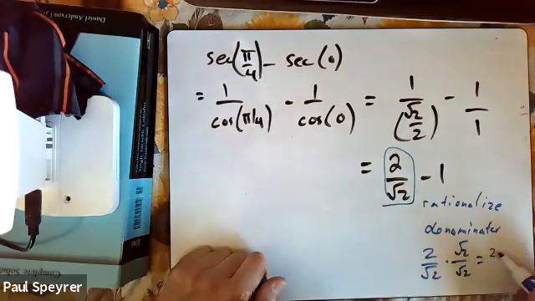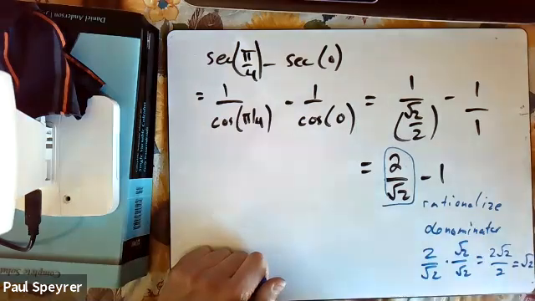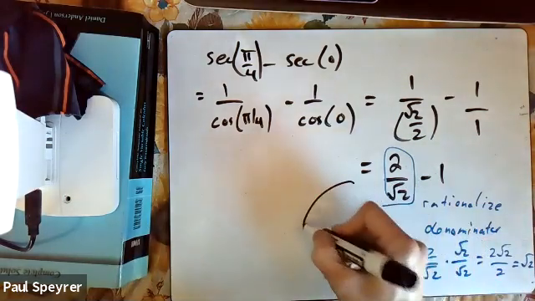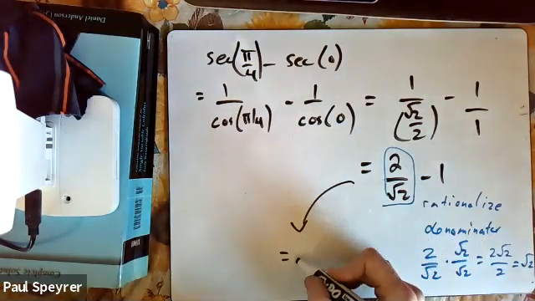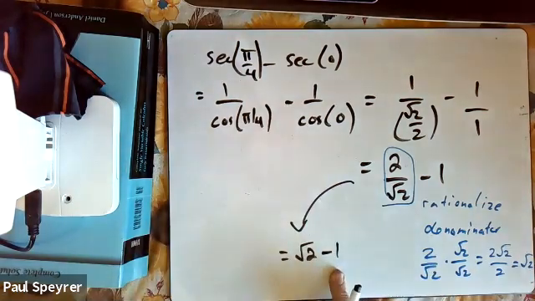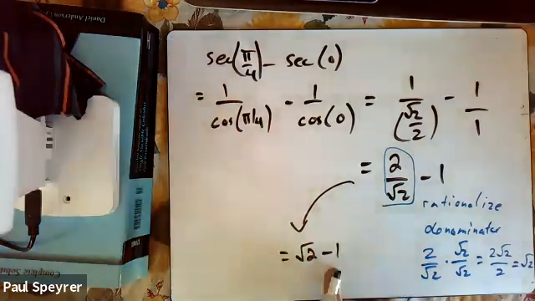So we get 2 root 2 over 2, which is just root 2 in this case. So your final answer is square root of 2 minus 1. Again, no decimals, right? No decimals. We want exact answers.